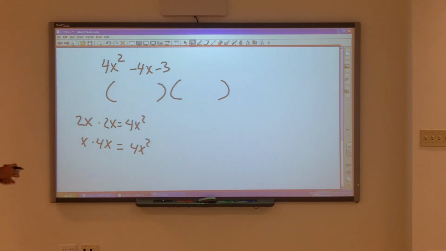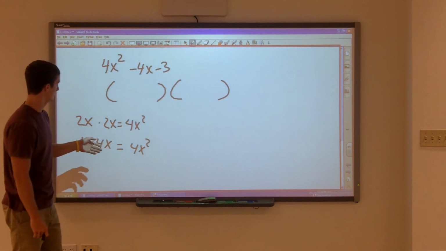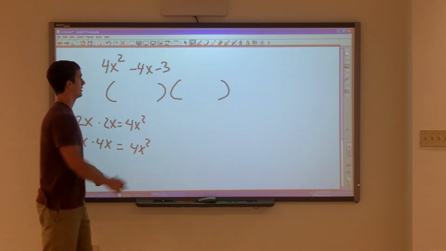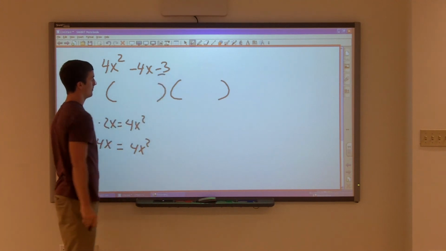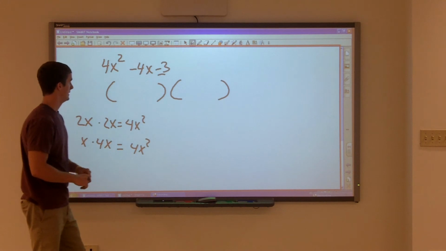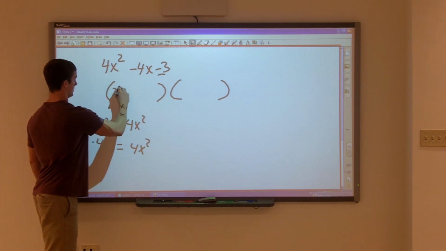So this makes it a little bit more difficult because now we have to deal with not only the 4x squared, seeing what we can multiply to get that, but we have to look at our negative 3 as well. So we have several options this time. I like to start with a simple guess and check again.